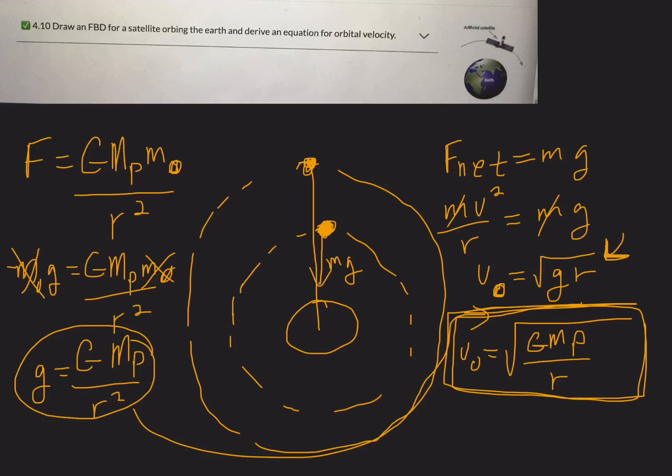That's simple, but that's a little deceiving because as the radius goes up, the gravity is going to go down. So we want to combine this all together, and if you want to find the orbital velocity of anything orbiting something else, you do square root of big G times the mass of the thing you're orbiting, the planet or whatever you're orbiting, divided by how far above the center of the planet you're orbiting. And you square root that whole thing. So there is an orbital velocity equation. Hopefully you understood that derivation.